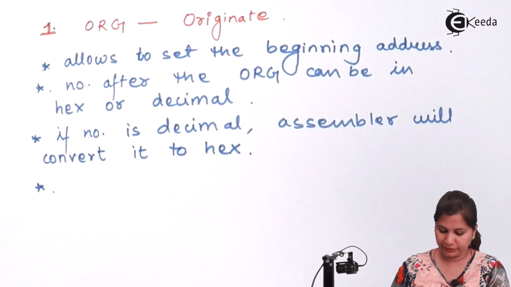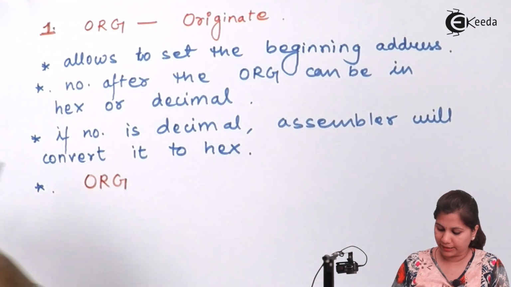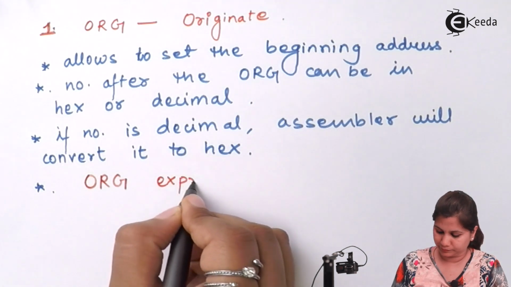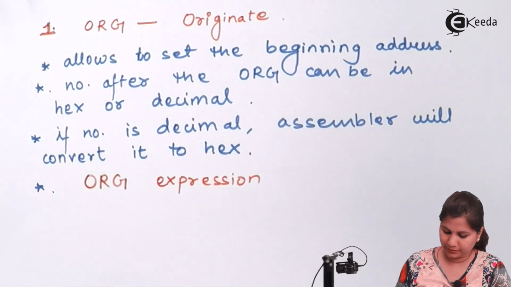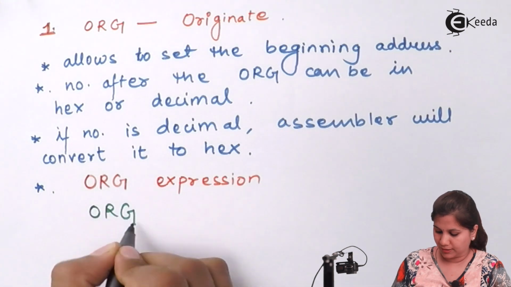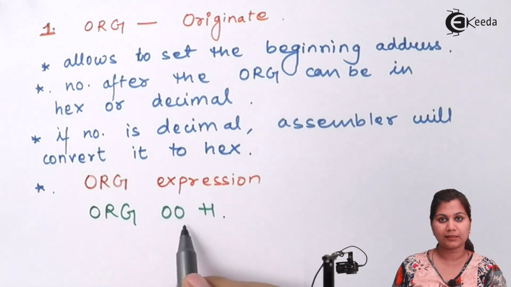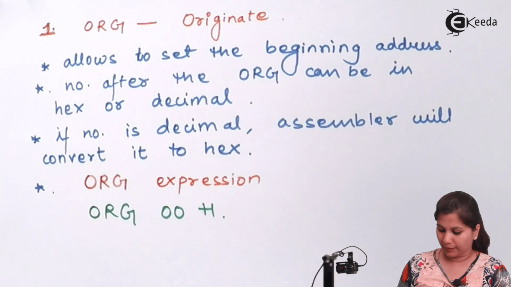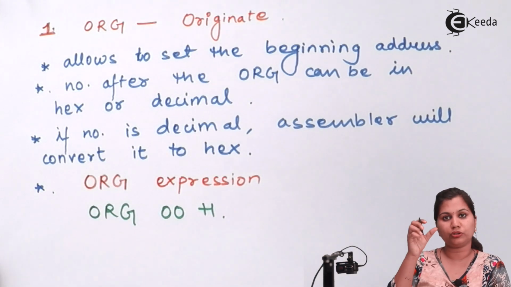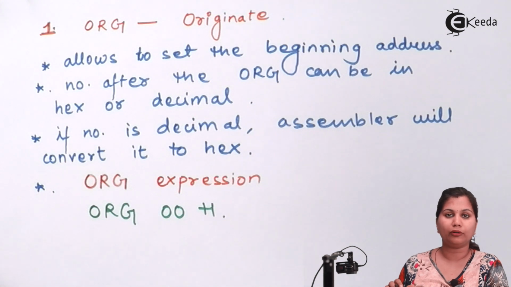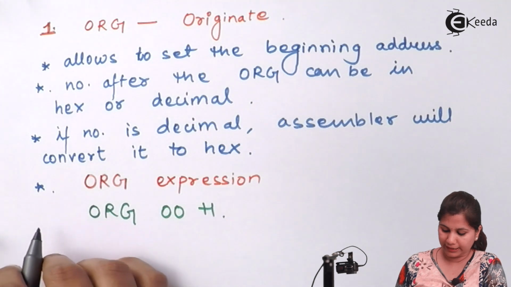Its format is ORG, and then the expression. An example is ORG 00H. This number is in hexadecimal and the program will start at location 0. So from 00 the program will be written in the memory of the 8051. This is the first assembler directive.